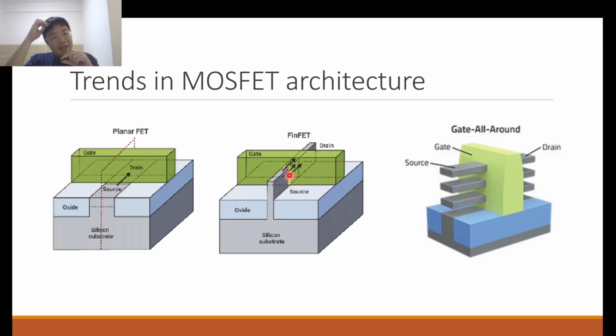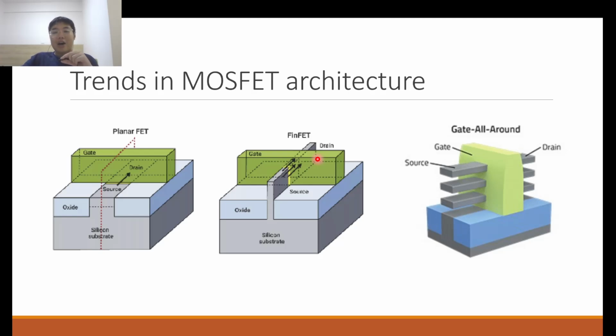The FinFET architecture was first introduced, if I'm not wrong, by Intel in their process nodes below 20 nanometers, meaning a channel length of below 20 nanometers. The reason they introduced it at smaller channel lengths is that as channel length gets smaller, it's harder and harder for the gate to control the channel without leakage current, punch through current, and poor subthreshold swing.